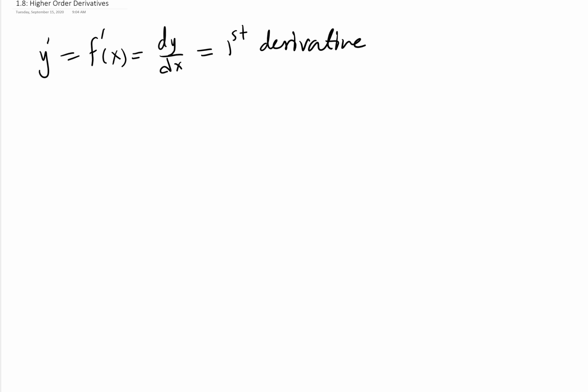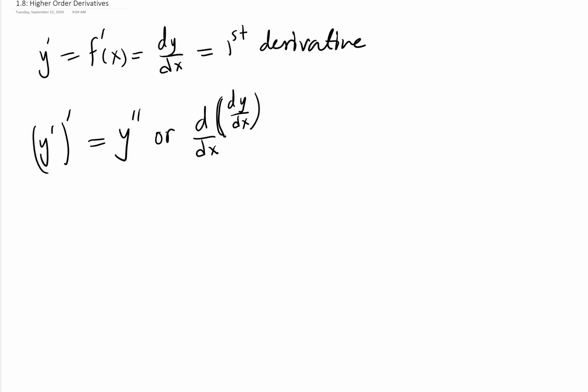Now, if I find the derivative of the derivative, that's called the second derivative. Or you can write it this way: the derivative of the first derivative, d dy dx with respect to x.